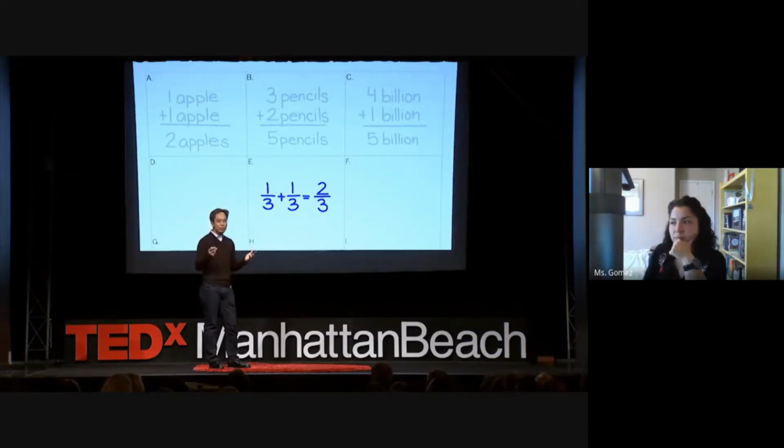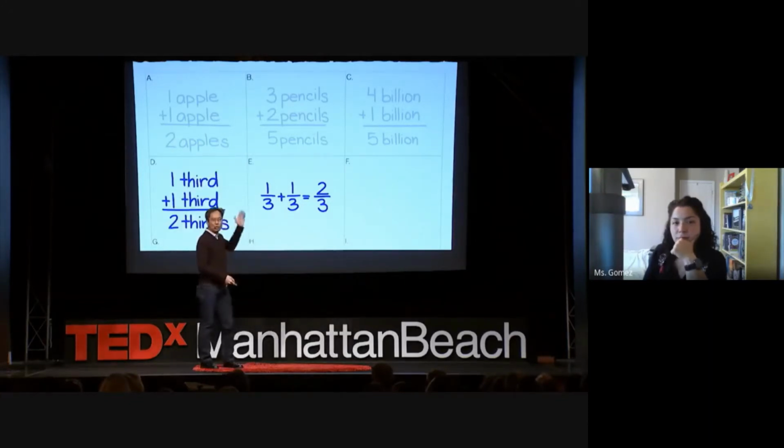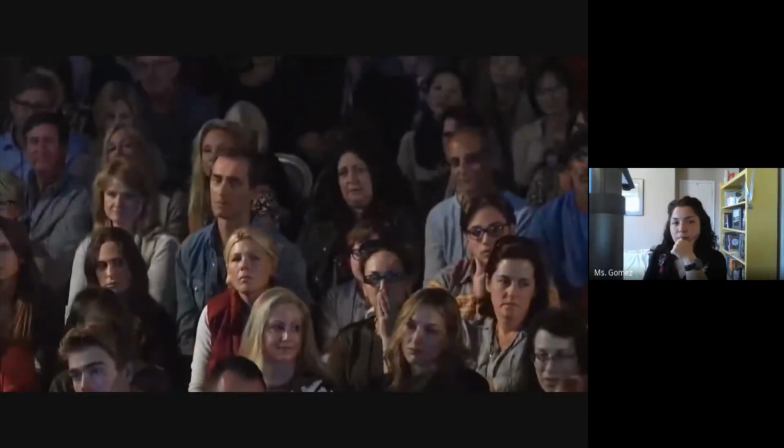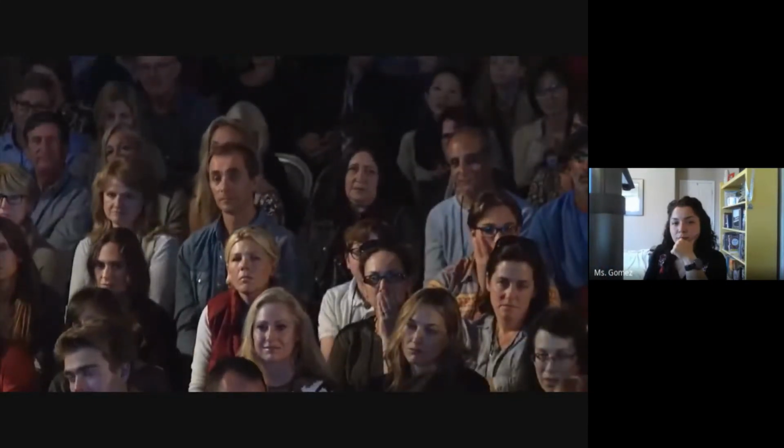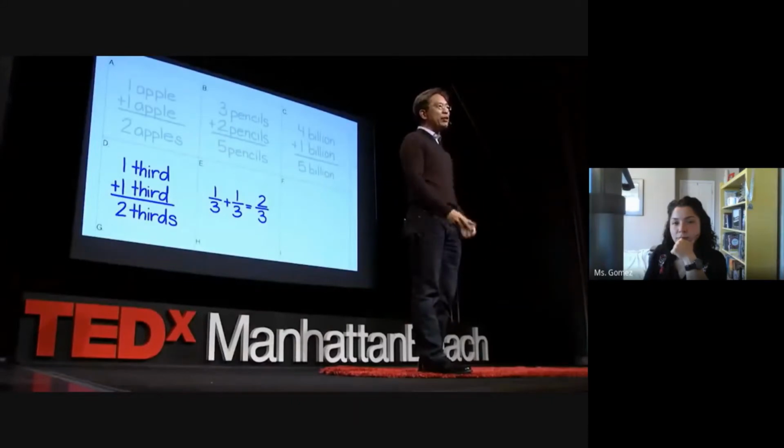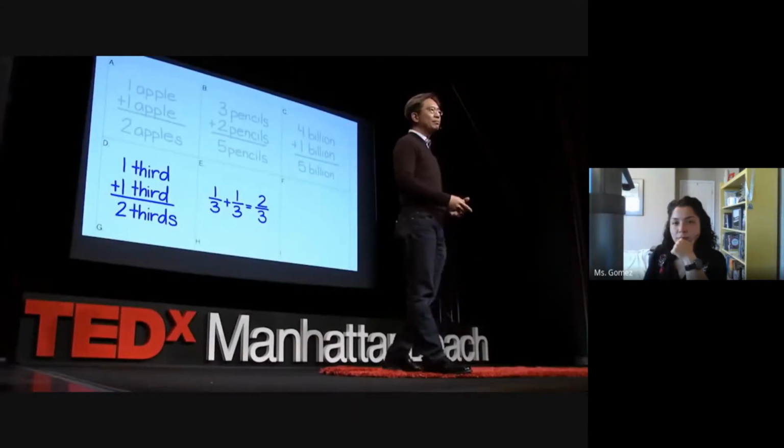You see, she wasn't thinking about numerators and denominators. She thought of the problem this way. And she used 1 apple plus 1 apple as her analogy to understand 1/3 plus 1/3. So if even a kindergartner can add fractions, you better believe that every 5th grader can do it as well.